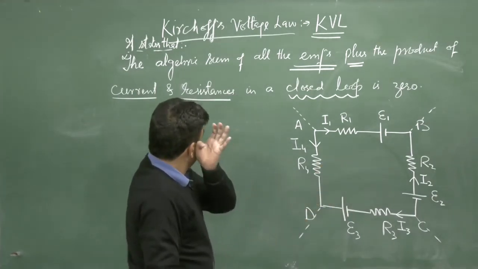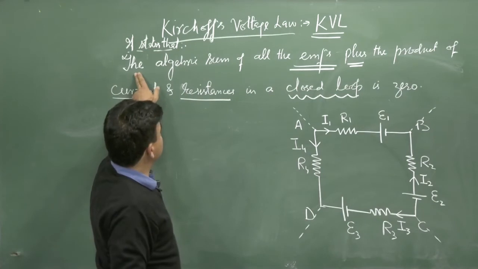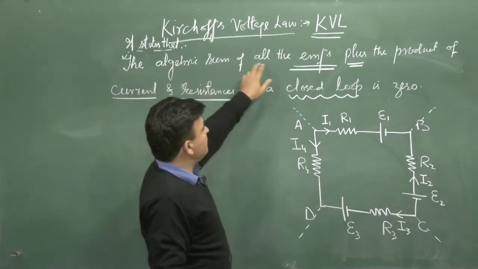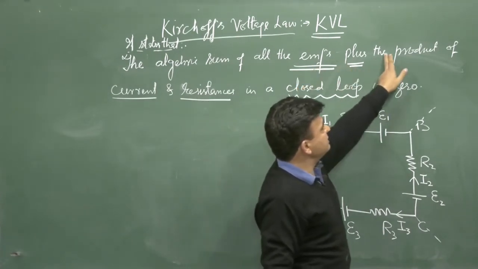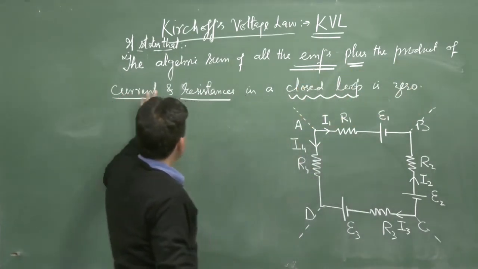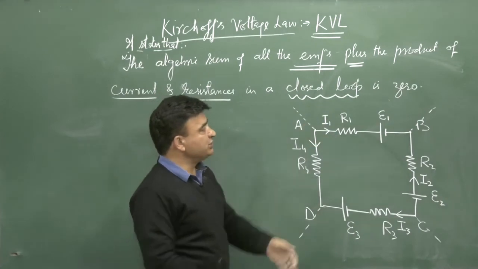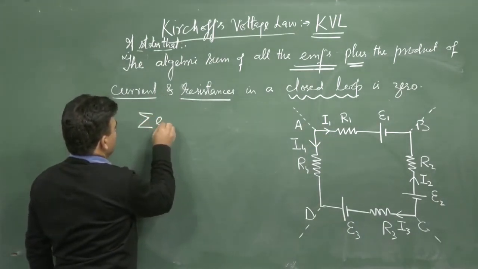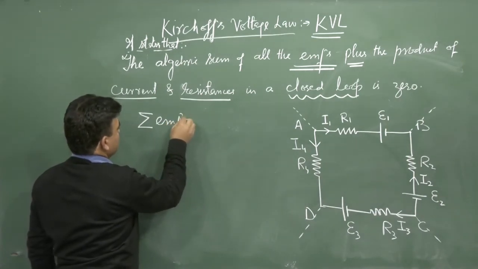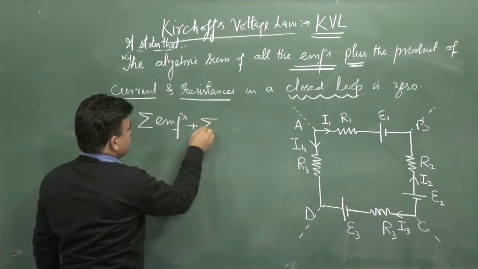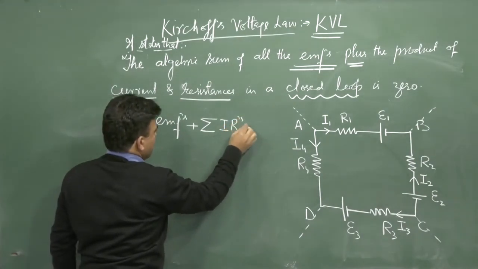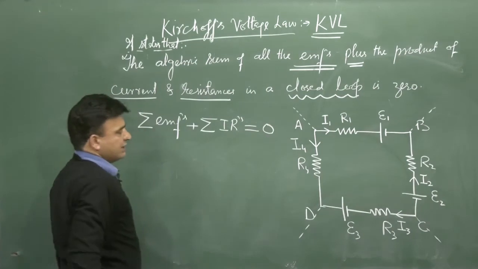Here, while applying Kirchhoff's voltage law, which states that the algebraic sum of all the EMFs plus the algebraic sum of the products of current and resistance in a closed loop is equal to 0.